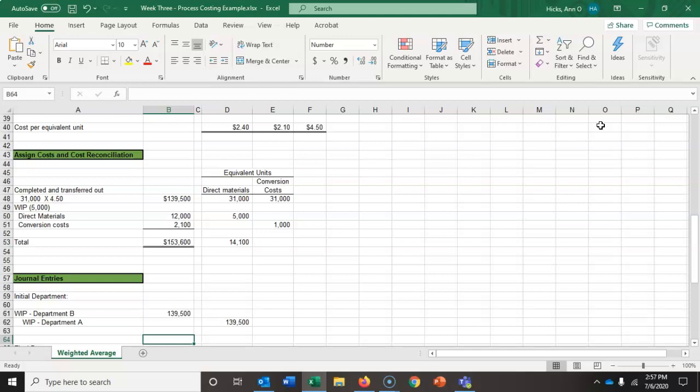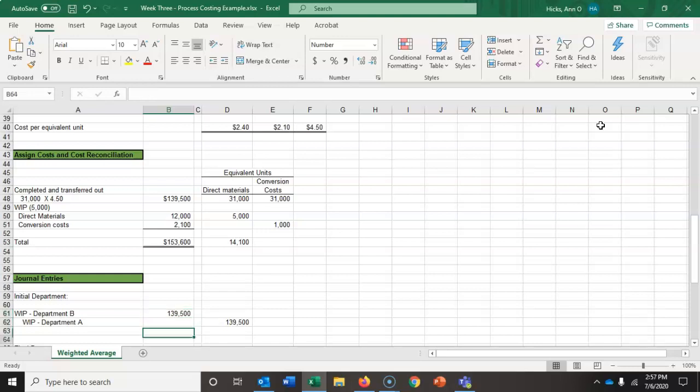However, there is one difference because remember, under process costing, we accumulate costs by department. Now, just because those 31,000 units were completed and transferred out, they're not finished. They're not being transferred into finished goods. They're being transferred into the department that does the next process.